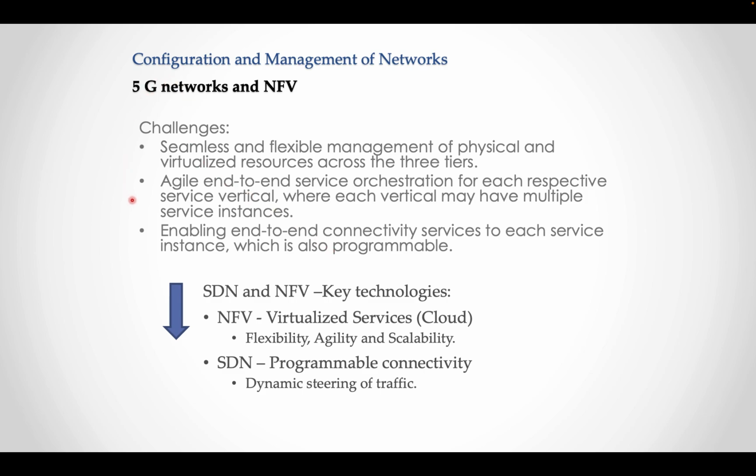So all these challenges, in order to be met, we can't have traditional networks, as we saw in the first part of the class. I can't do any of this by going into a CLI and configuring switches and routers manually. I can't build such a flexible and automatized network in that way.